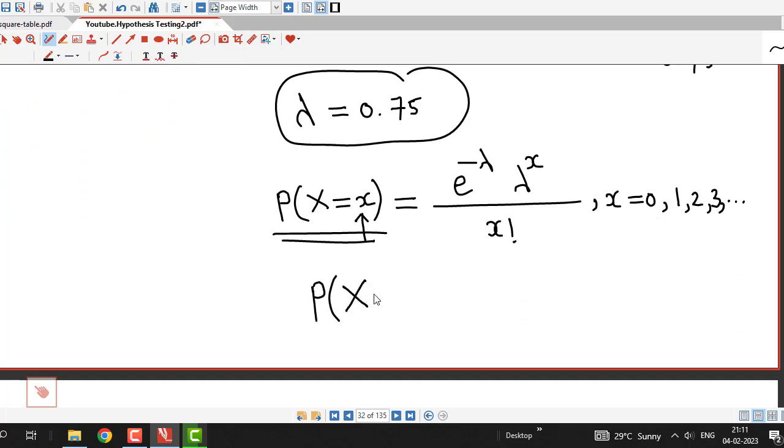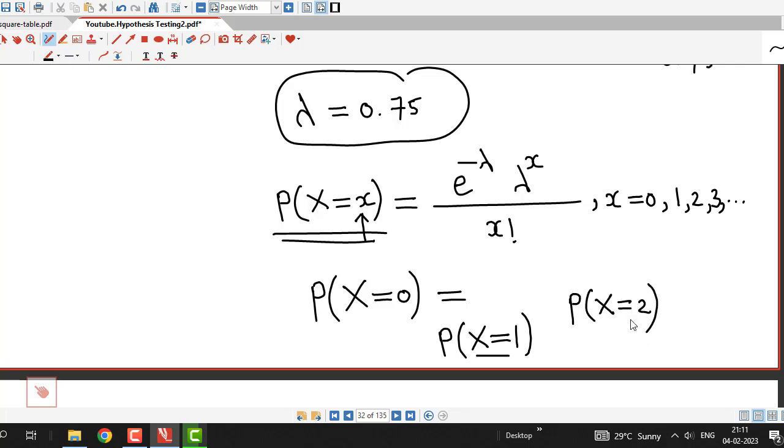We can find out the probability that there are no defects in the printed circuit board using this formula. Similarly, we can find out the probability that the number of defects in the printed circuit board is 1, and similarly 2.